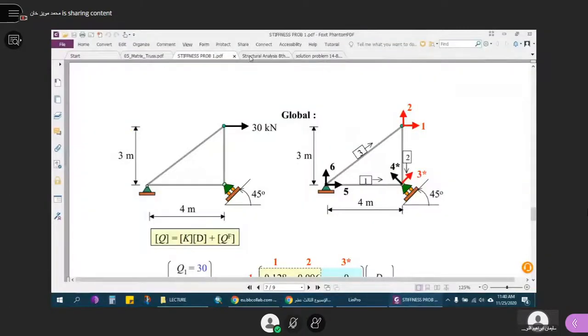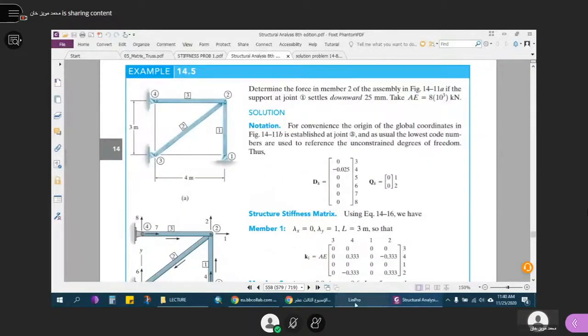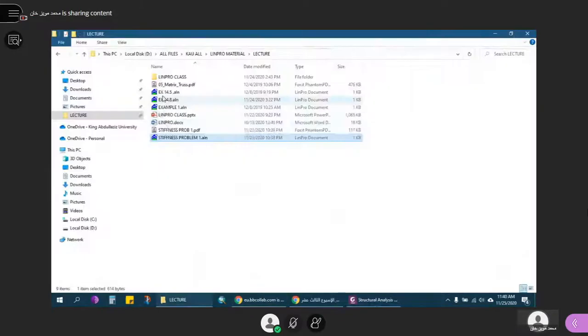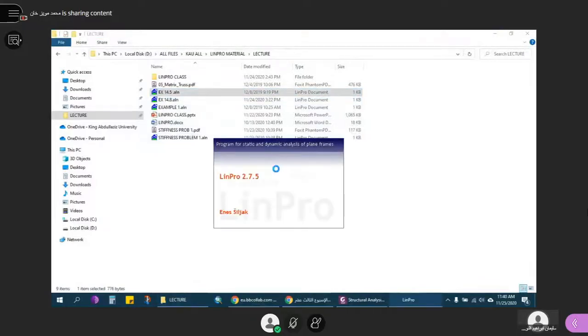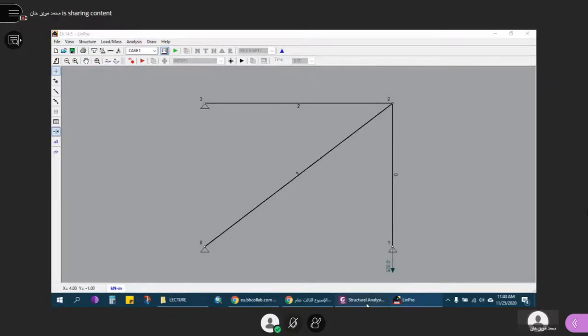So the next problem we have is, suppose you have a settlement, a textbook problem which you have taken. I have already drawn this, 14.5. So I have done this modeling and assigned a displacement. What do we have here?